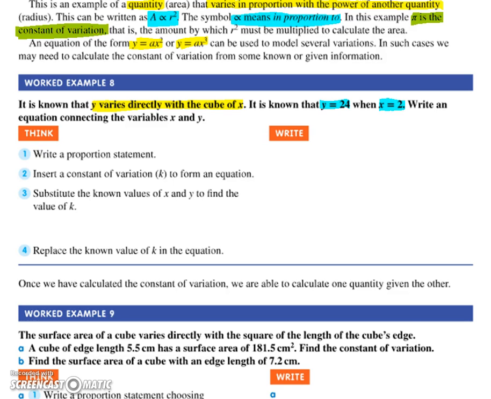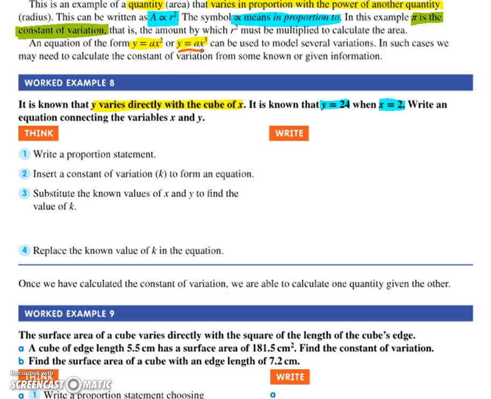Do we refer to that as cubed? 3. The other one would be the square of x. You're on the right track, but it would be the cube, which is the 3. Cool? Now, that's your end game. That's what it's going to look like. So we're probably going to end up with an equation that looks like that.